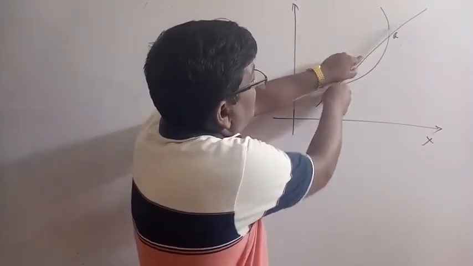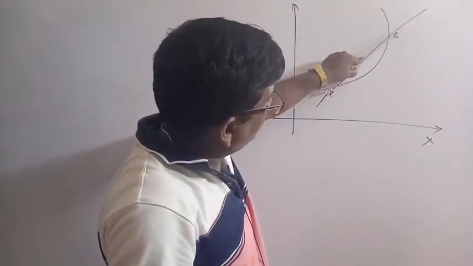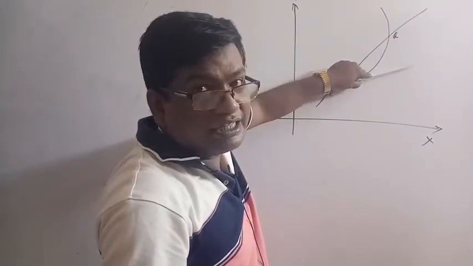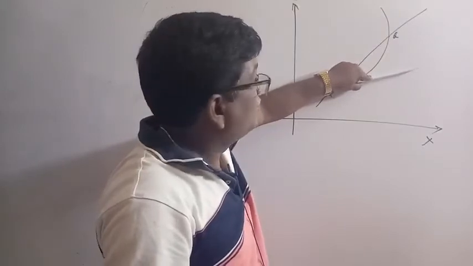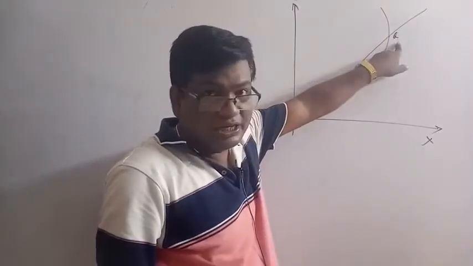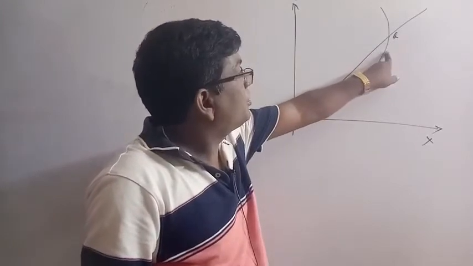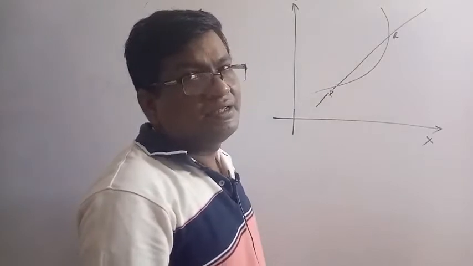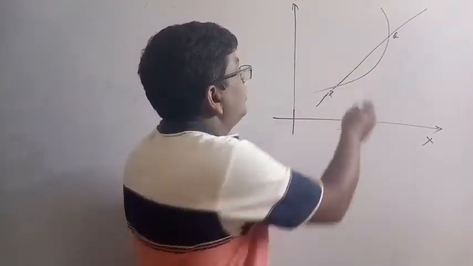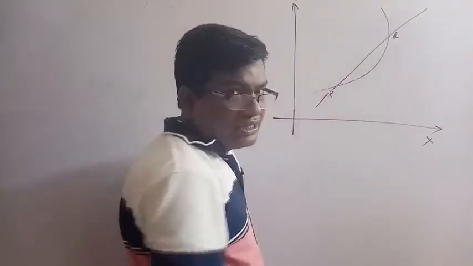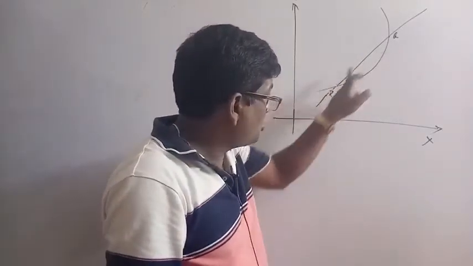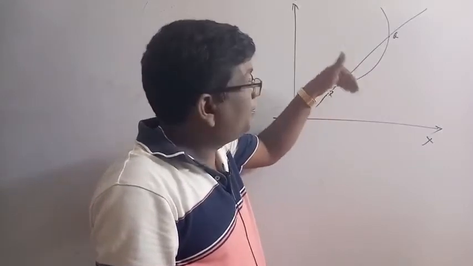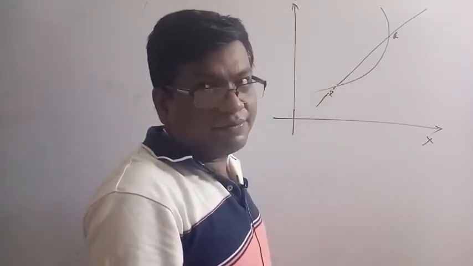This is the secant line. If this line rotates like this and comes to this position, this will be tangent to the curve. That is, if the point Q approaches P, then the line PQ will be tangent. If Q approaches P, then the secant line will be tangent to the curve.